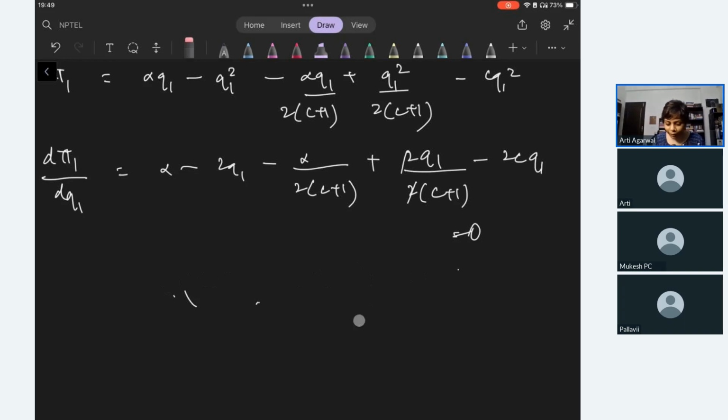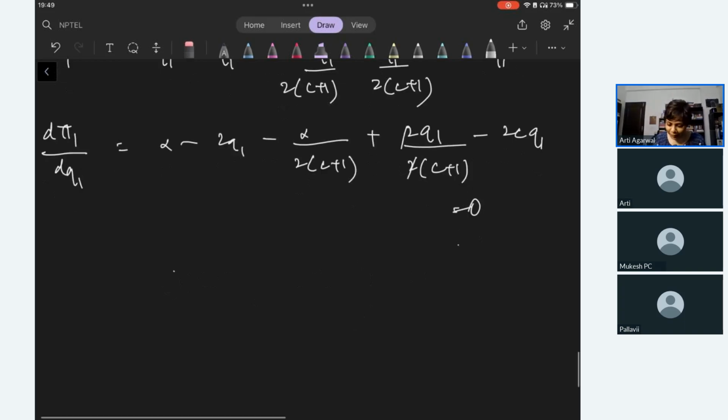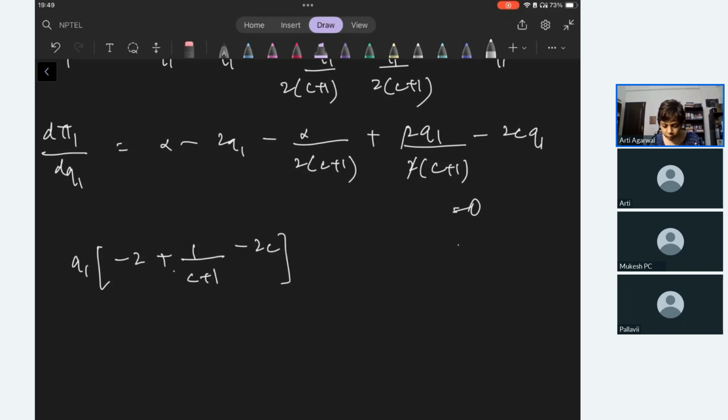Good to know you're solving along with me. So let's collect all the Q1 terms first. Minus 2 plus 1 by C plus 1 minus 2C is equal to, let's take alpha on that side, 1 by 2C plus 1.